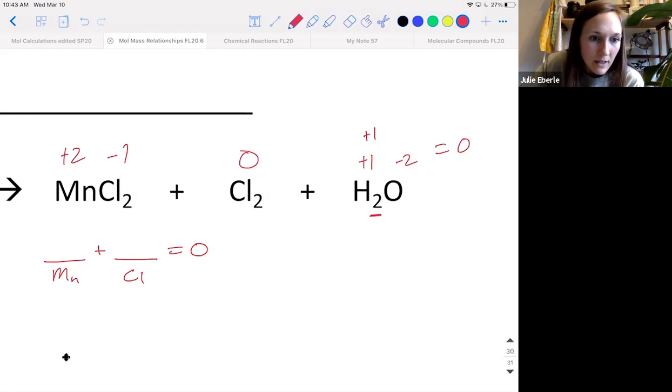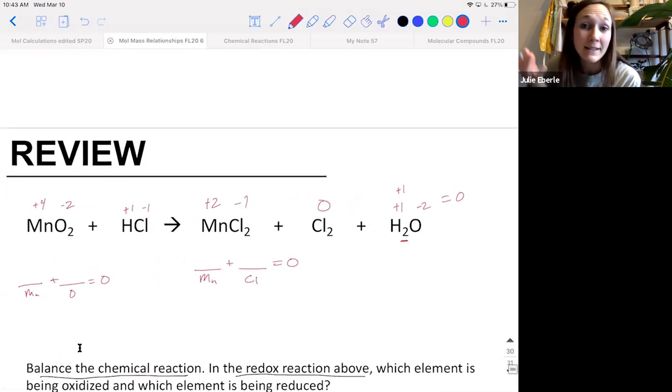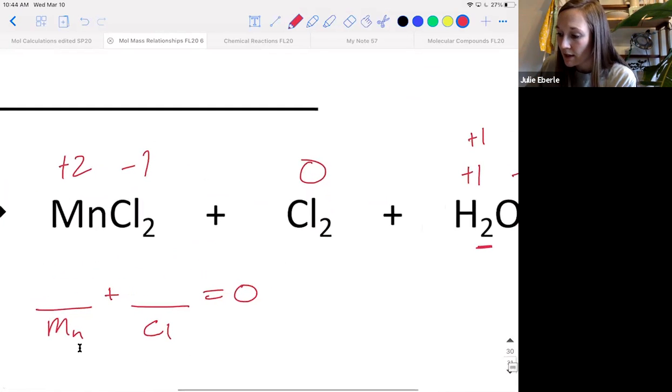Riley says, I'm kind of confused. I thought oxygen was 0. When it's by itself, okay, anything that's by itself. So if you had like a molecule of O2, Riley, yeah, oxygen would be 0. Anything that's by itself. When we write oxygen O2 because it's a diatomic molecule. That's why this chlorine right here is an oxidation number of 0.